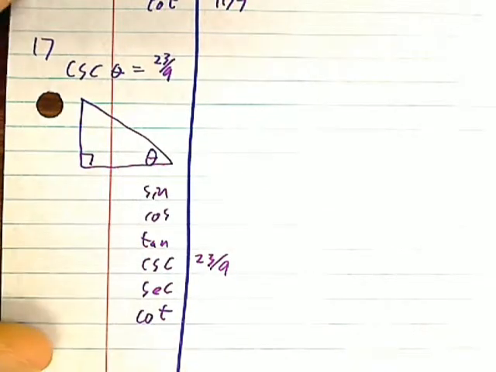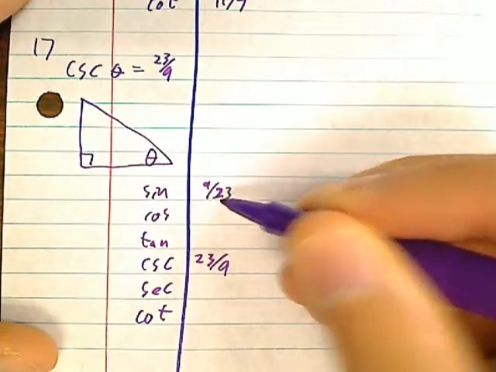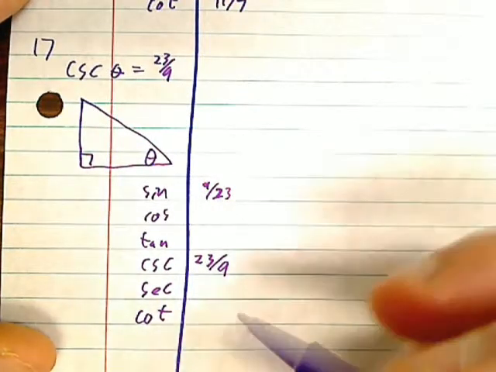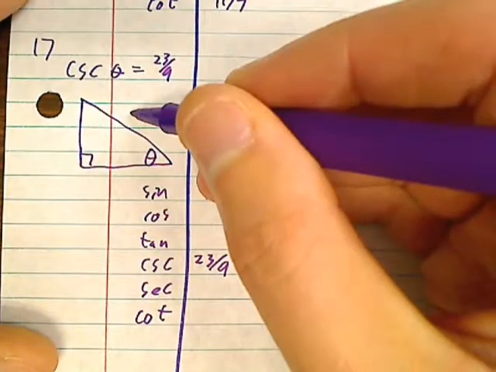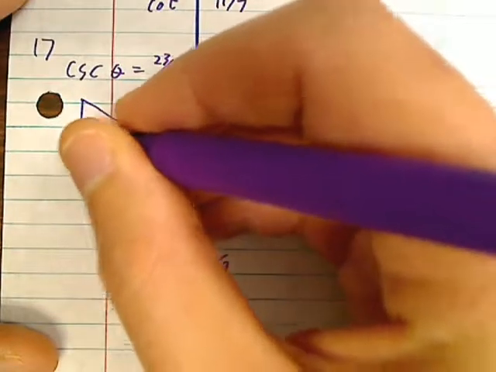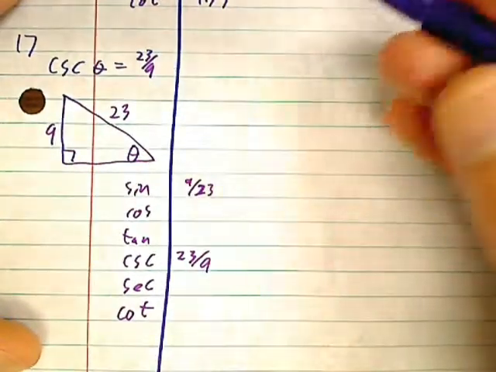All right, the first thing I can do is just label sine as 9 over 23, right? Because those are reciprocals of each other. So 23 over 9, cosecant is hypotenuse over opposite. So the hypotenuse is 23, opposite my angle theta is 9, and let's use the Pythagorean theorem to find that last side.